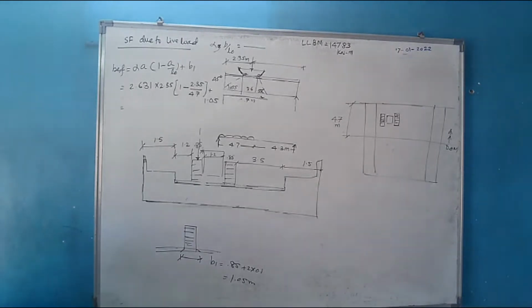What is the effective width on which the effect of this load will be? I am determining how much, what is the influence field on which the effect of this load will be. On how much area will its effect be.